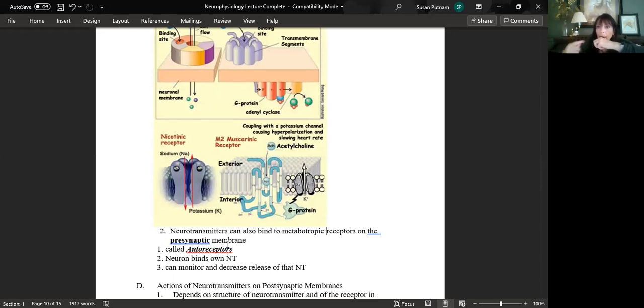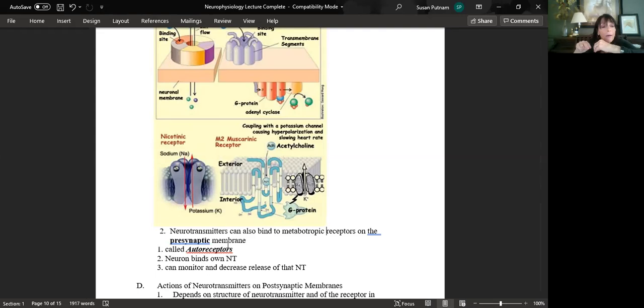But guess what? This right here is a receptor for the same neurotransmitter that is being released by its neuron.